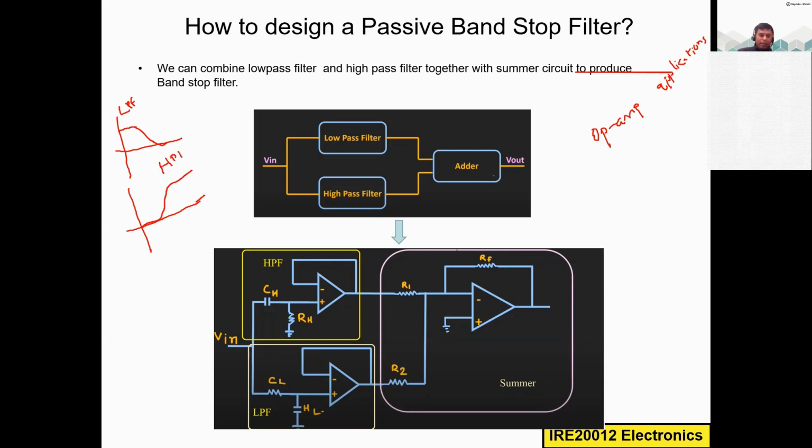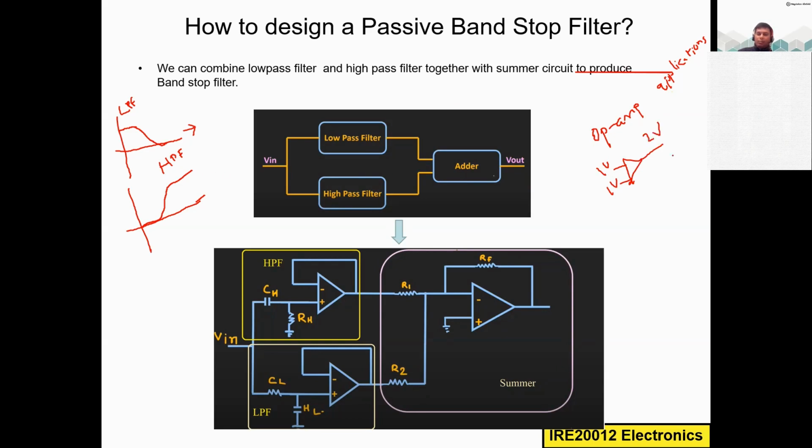So we are giving these frequency responses to the adder. So what is the normal function of the adder? It will perform the arithmetical addition of these two responses. So whatever signals you are giving to this summer circuit or adder circuit, for example, if you give 1 volt and 1 volt, the summer will give 2 volts at the output, right?